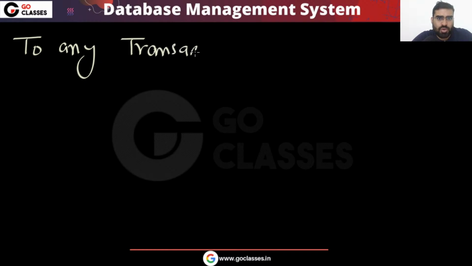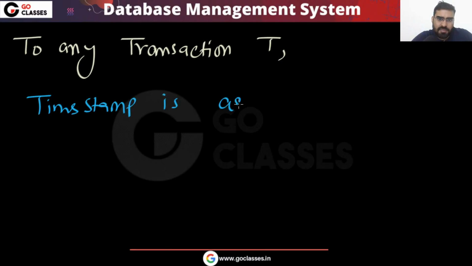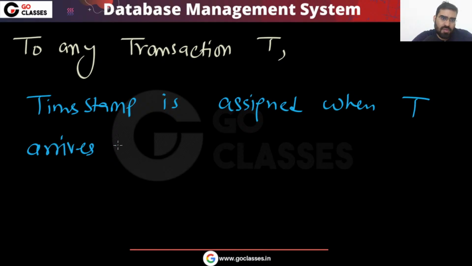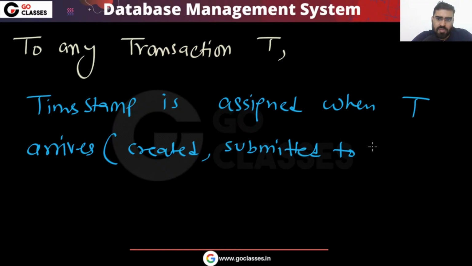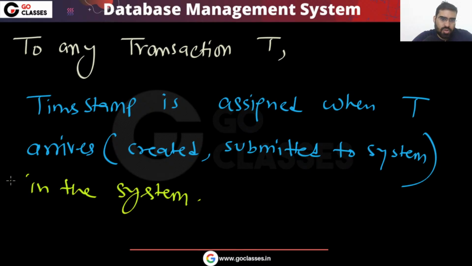Whatever transaction T you take, the timestamp is assigned when T arrives or is created or submitted to the system. So when it arrives in the system, then the timestamp is given to it.